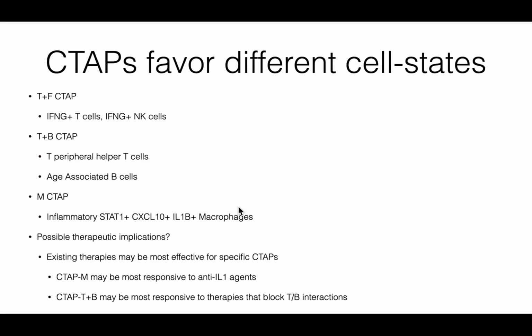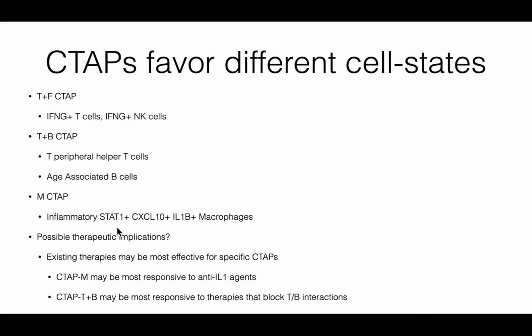You know, TF CTAP, the T and fibroblast individuals, they have a lot of interferon gamma signal for T cells and NK cells. TB CTAP, which is kind of maybe what we canonically think of as RA, has a lot of T peripheral helper cells and age-associated B cells. The M CTAP has a lot of inflammatory macrophages. So the people who have a lot of myeloid cells, they have a lot of macrophages that are inflammatory.